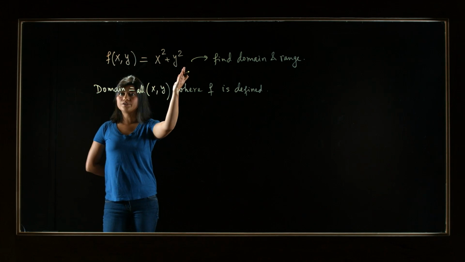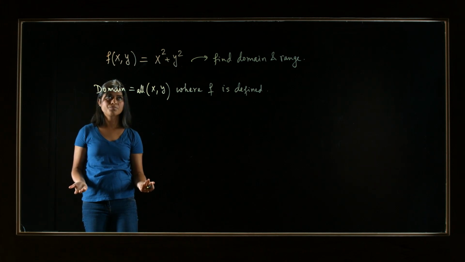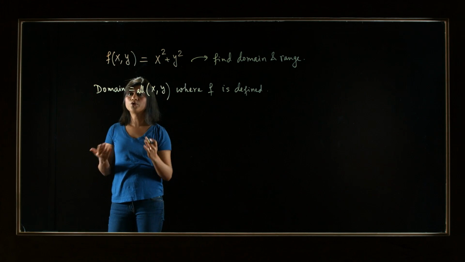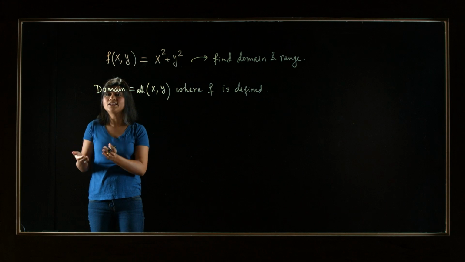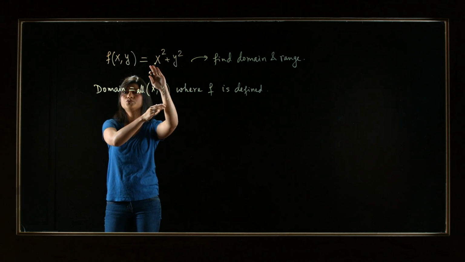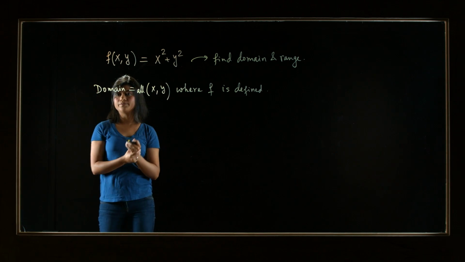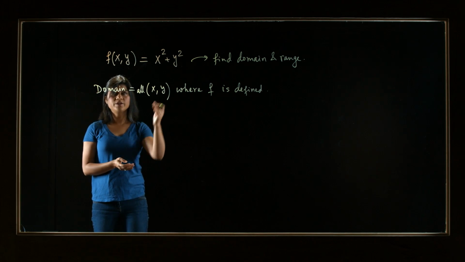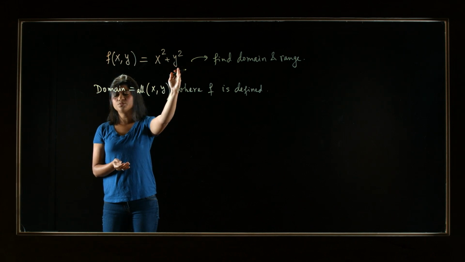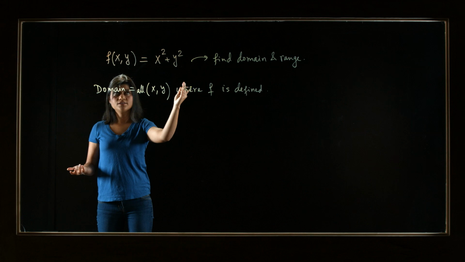Now there is no denominator, so we don't have to worry about the function having a 0 in the denominator. There is no square root, so we don't have to worry that there will be a negative value inside the square root. This is just sum of two squares. So what kind of x, y values can we plug in? Well, if you plug in any positive x, positive y, it'll be okay. Negative x, negative y, it'll be okay.